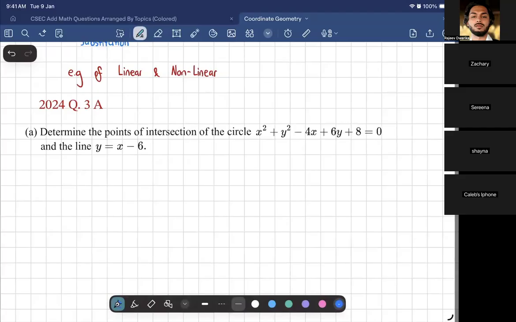We have x squared plus y squared minus 4x plus 6y plus 8 is equal to 0. Could somebody tell me what type of equation that is? The equation for a what? Circle. The equation of a circle, great.